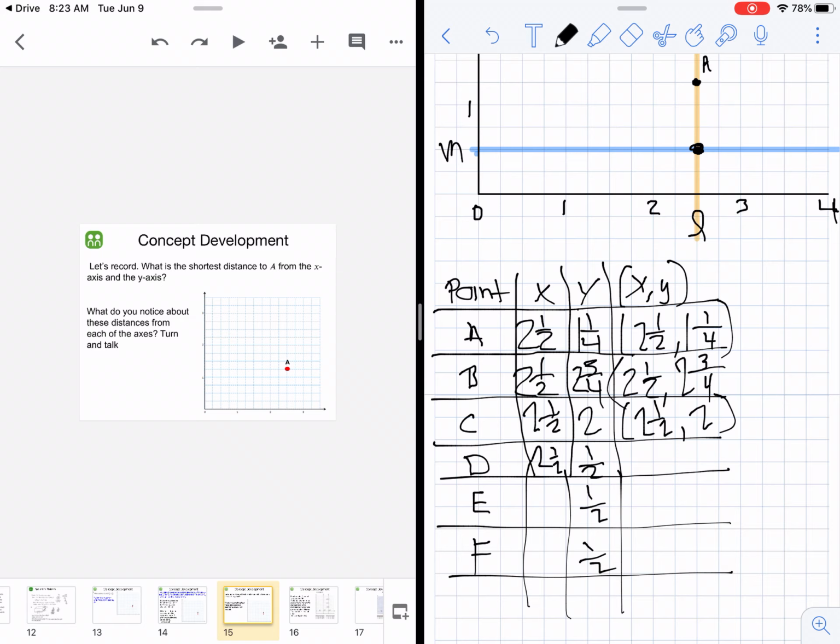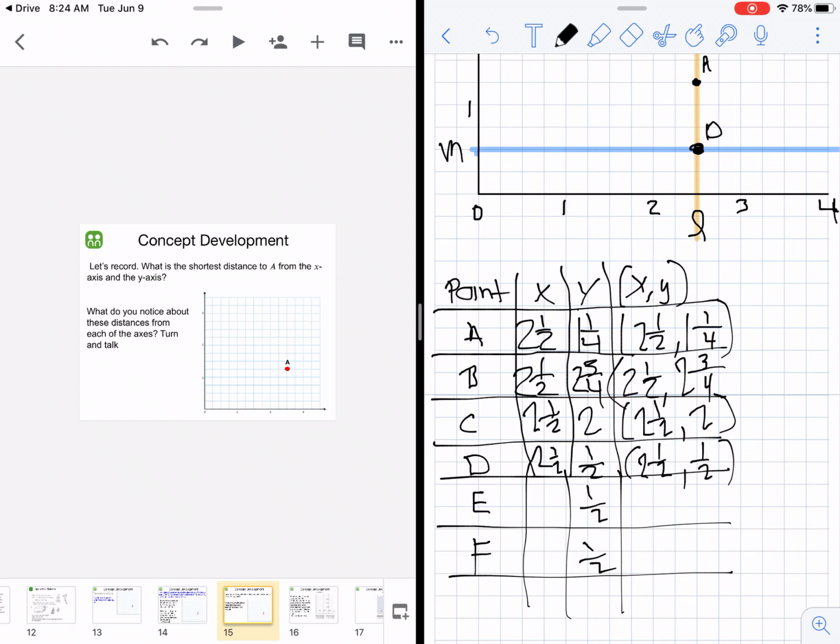All right. So we know that they're all going to lie on our line M, which the y coordinate is going to be 1/2. So we plotted point D. We're going to label it. And then we're going to put the coordinate pair is 2.5 and 1/2. All right.